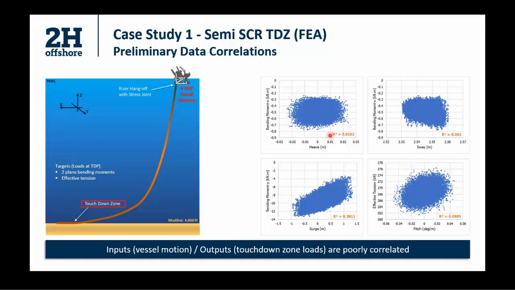You can see that the scatter diagram is quite dispersed, indicating that the input and output are poorly correlated directly. This is because the information is deeply embedded in the response characteristics, and to glean that, we need a machine learning model to extract that information.